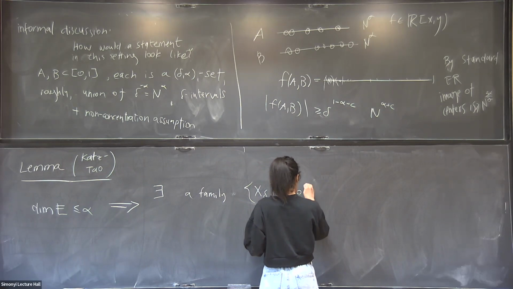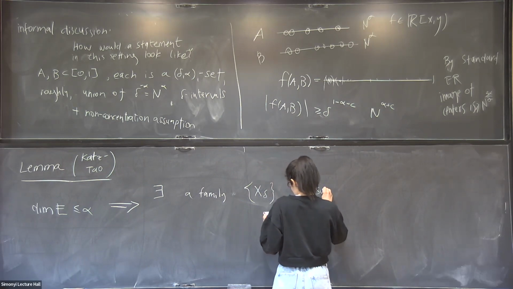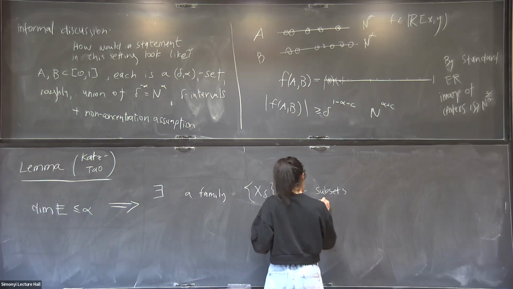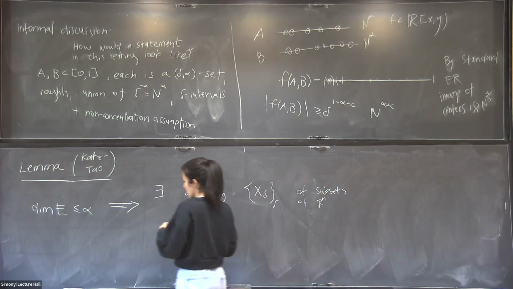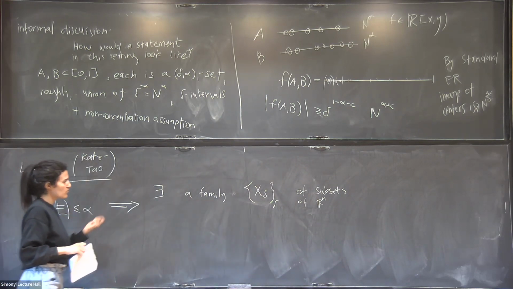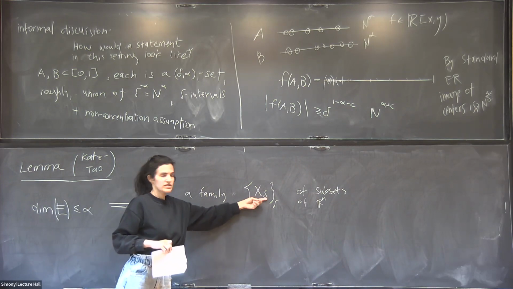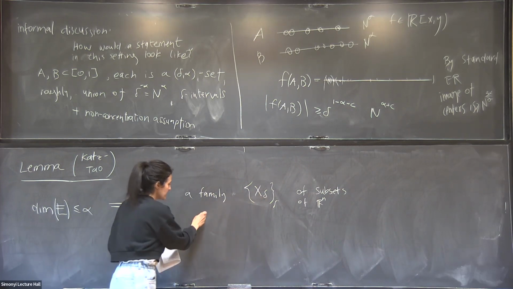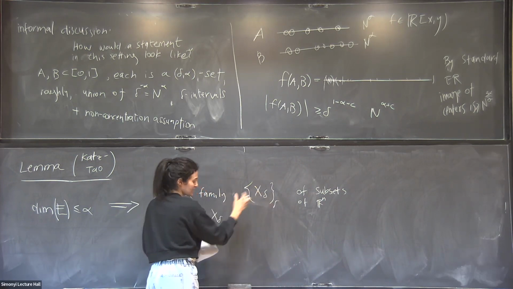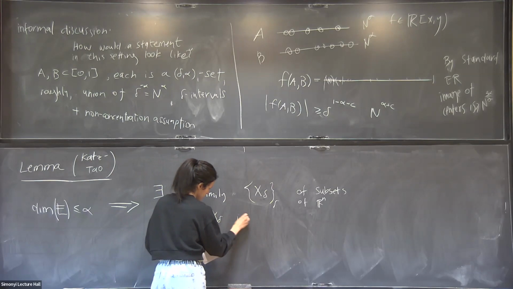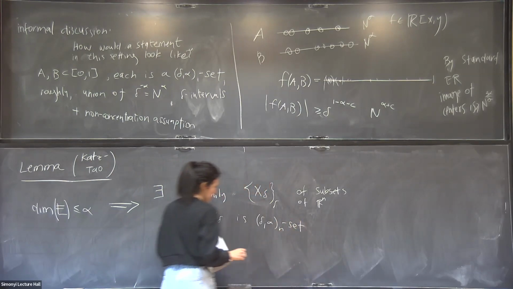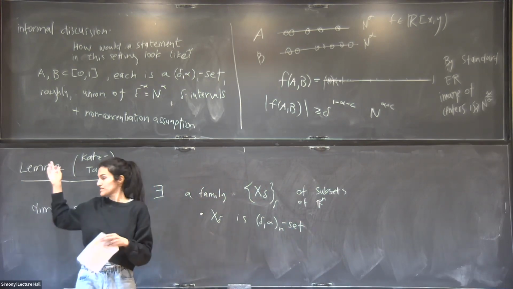Of subsets of R^n such that, so we start with a set of dimension at most alpha. If we have it, we can move to a family of subsets of R^n. Each of the sets X_delta is a delta-alpha-n set, the thing that we just defined.